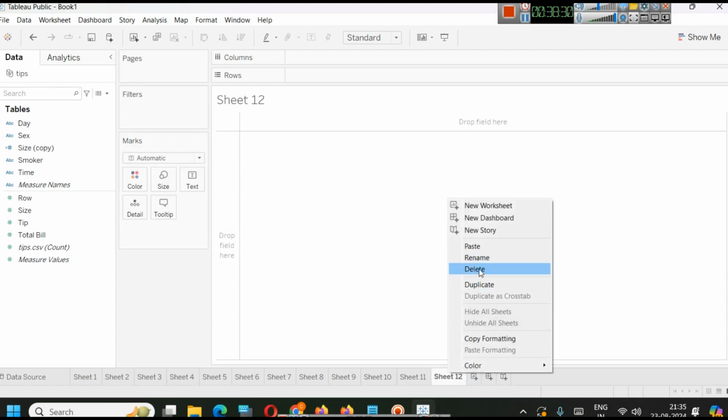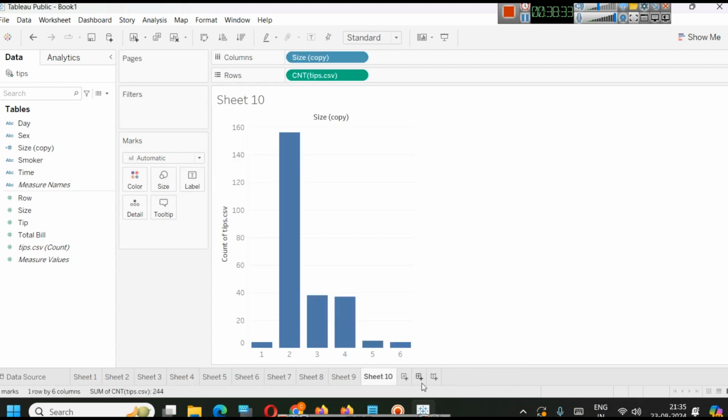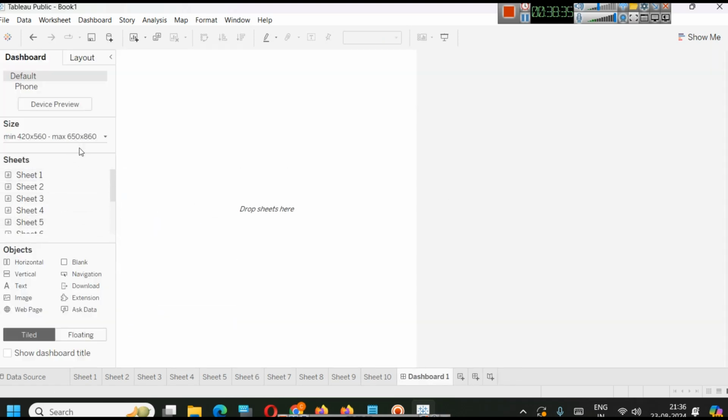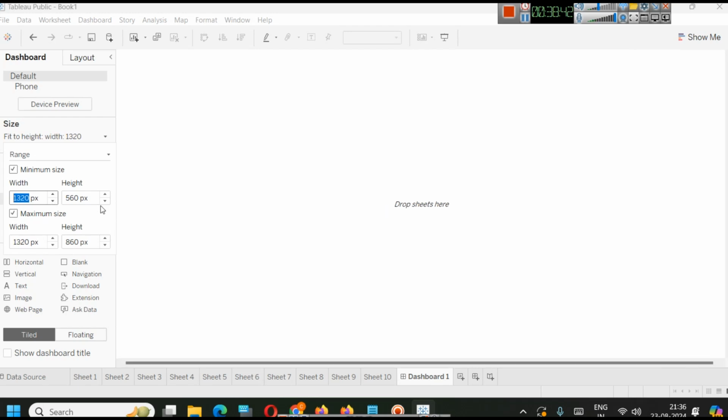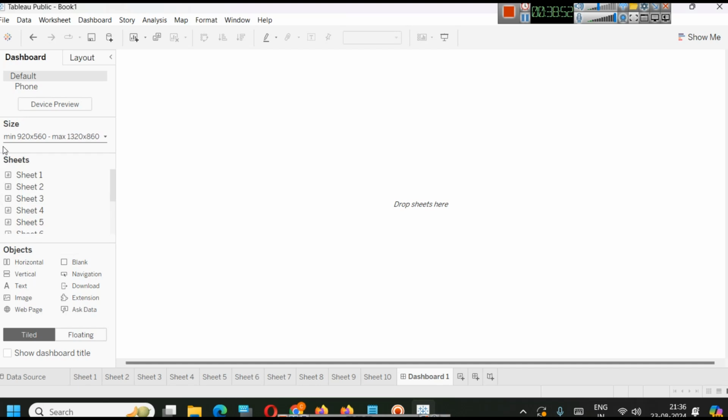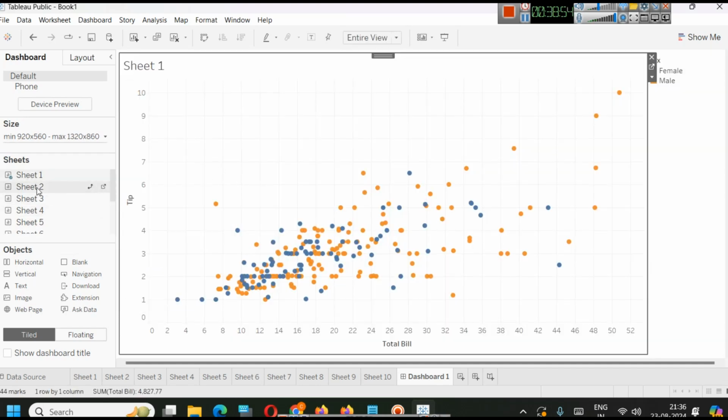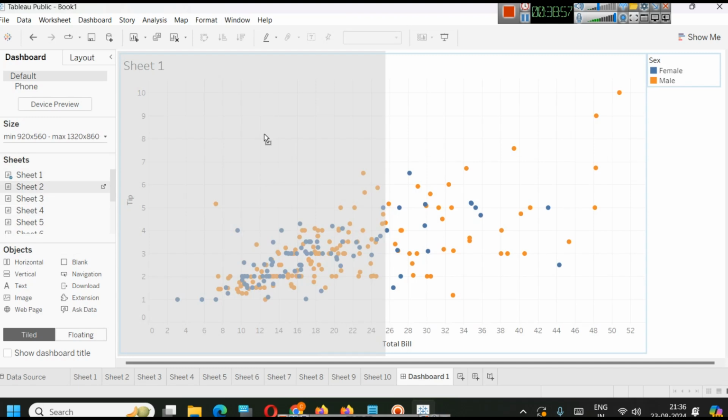First let's delete this. You can adjust the size as per your screen's width and height, and now you can simply create graphs, okay, and we will drag sheet 2. When I am dragging sheet 2, it is giving me these places: on top, left side, right side, on bottom.